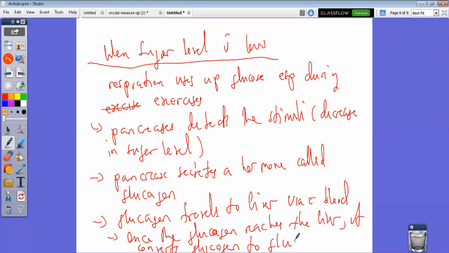Then the next thing you're going to say is that the glucose is secreted into the bloodstream to restore the sugar level. The last point is that the glucose that has been converted is secreted into the bloodstream to restore the glucose level to normal. Not difficult. Clear?